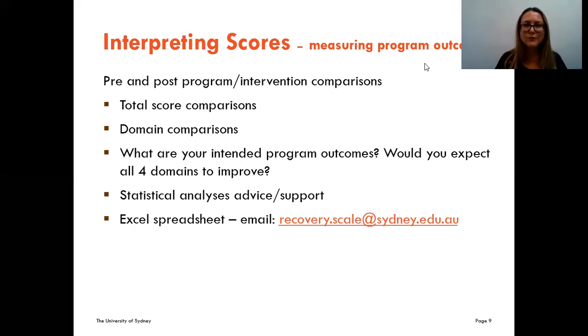What is the point of the program? And therefore, which of the domains would you anticipate or expect to change because of someone's engagement in that program? So if it's a social program, perhaps it is the connecting and belonging domain you're anticipating would change.